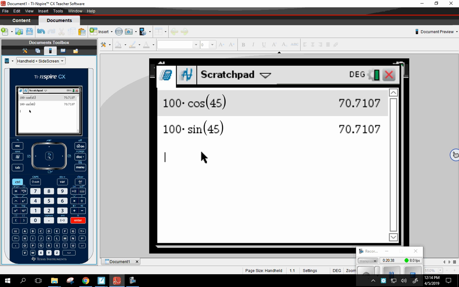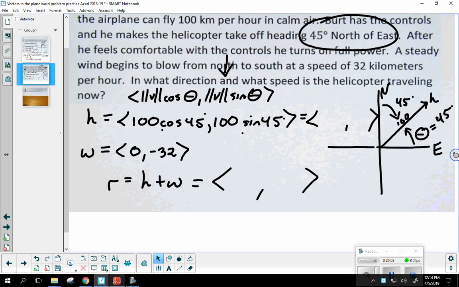Now, does it make sense that these two are going to be identical? What's happening at 45 degrees? Do you remember that coordinate there? Both x and y are square root of 2 over 2, so they're the same value, so it makes sense that we get the same decimals. So on each of these, I'm going to go ahead and say 70.7, 70.7.